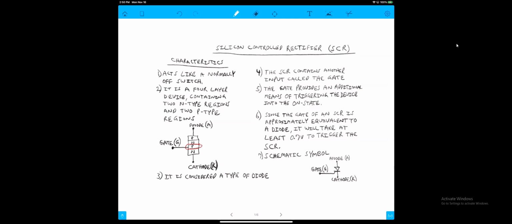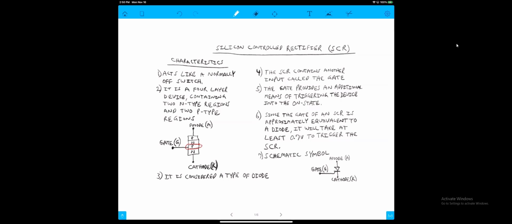I just want to make sure you guys see that. Okay, so we're in a positive gate. This is the positive gate. The gate is actually attached to the positive side, and it makes sense once we look over here to the right.